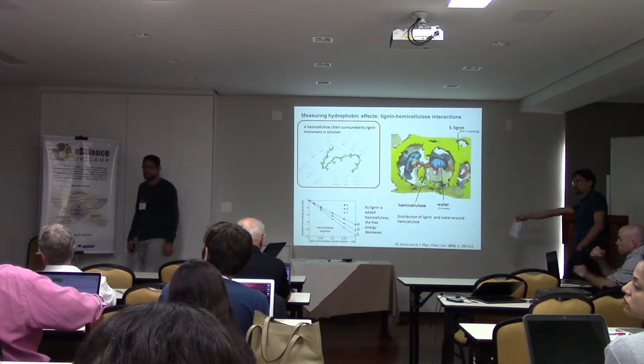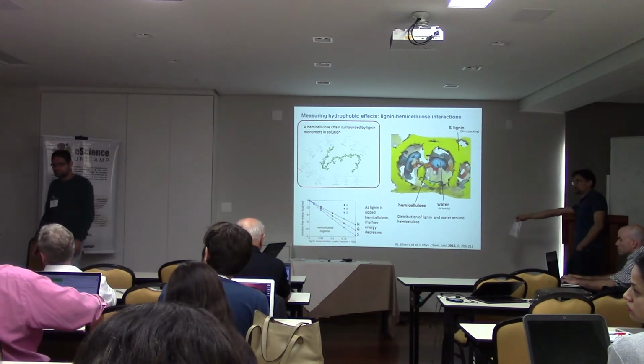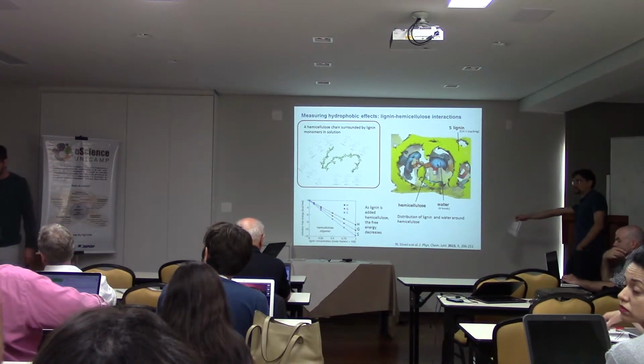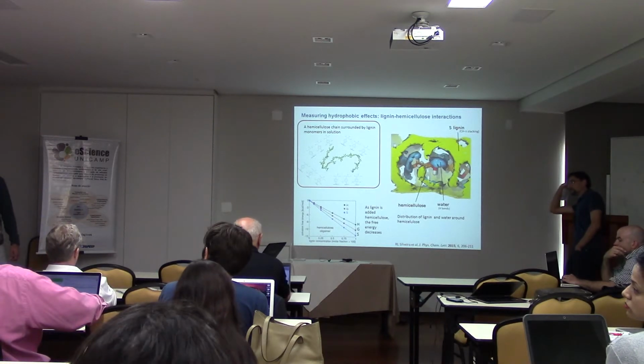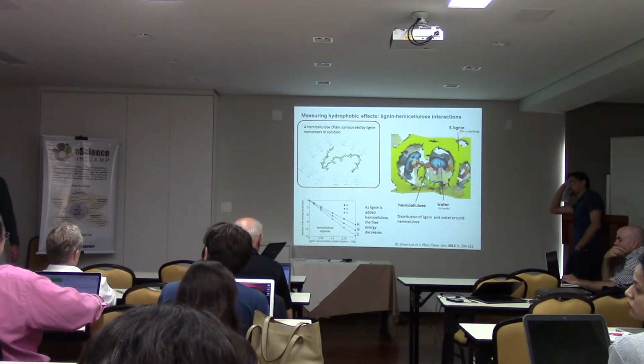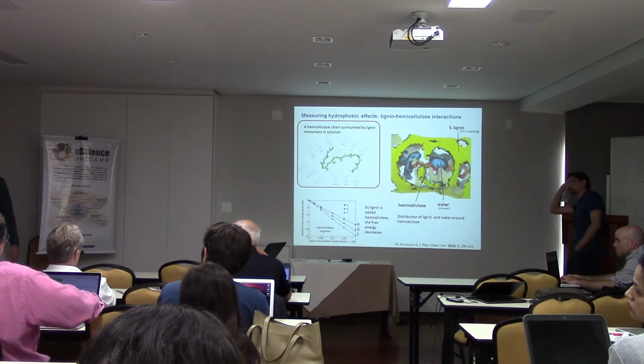I think I understand. I think Leandro has a point here. It's not a question of the calculation overestimating or not. The fact is, as you add more lignin, you have a solution that is becoming more and more hydrophobic.